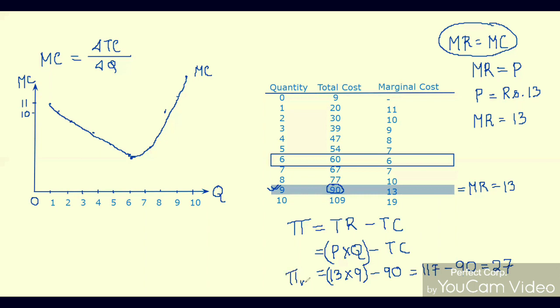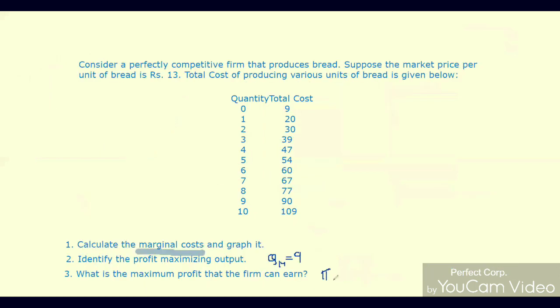So this is the maximum profit that the firm can earn when the price of the product, this information is very important, when the price of the product is rupees 13. So the third problem is also solved. The maximum profit is nothing but 27.